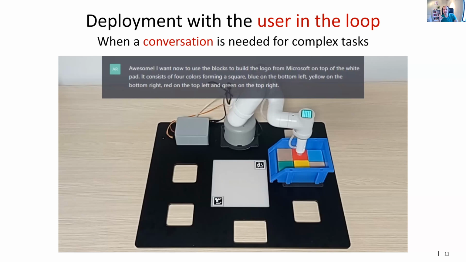But the issue here is that outputting Python code that uses the very low-level functions was very complex, because there were a lot of steps. So we learned to use some sort of curriculum learning approach. We first asked ChatGPT to create a higher-level function to pick and place a colored block somewhere, and then it used that function, which it itself generated from the low-level functions, to build the Microsoft logo.